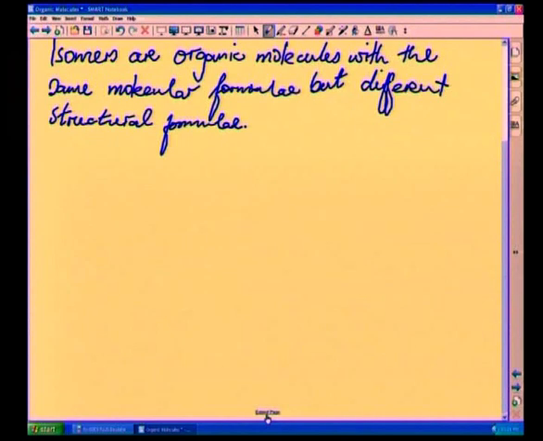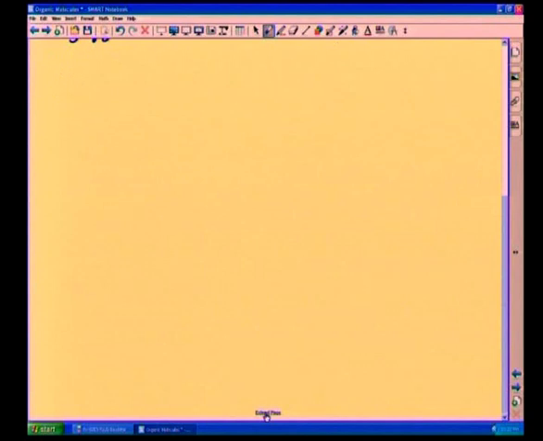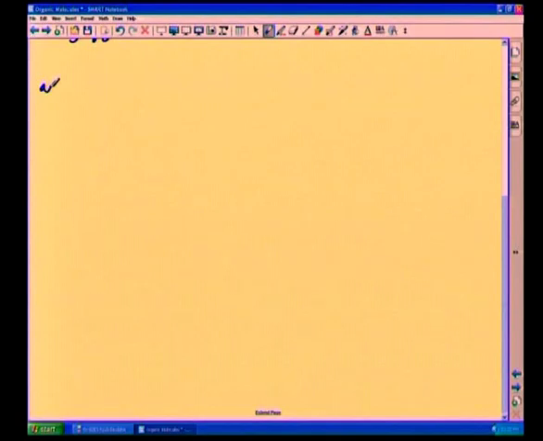Now we are here going to be writing or drawing structural formulas of C5H10. They will be different from each other, but the molecular formulas will be the same. So let's start. Let's have the first one.